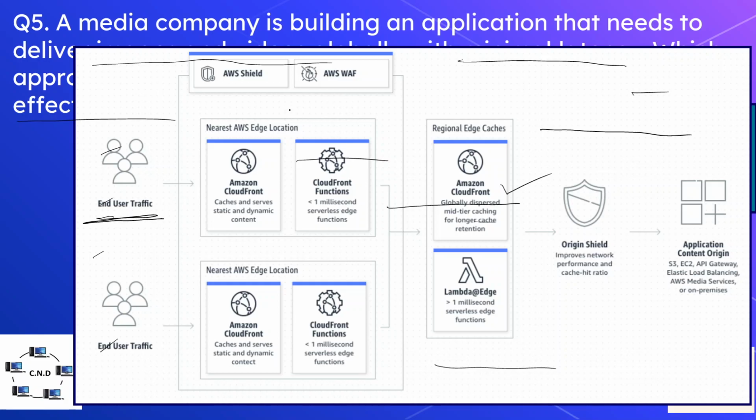Amazon CloudFront has edge locations or edge nodes where the content is cached on servers. So if this user wants to access something, he will be routed to the nearest CloudFront server, which may have the cached content, and he will be delivered this content instantly without delay, or without going all the way to the Amazon data center where the data is actually located.